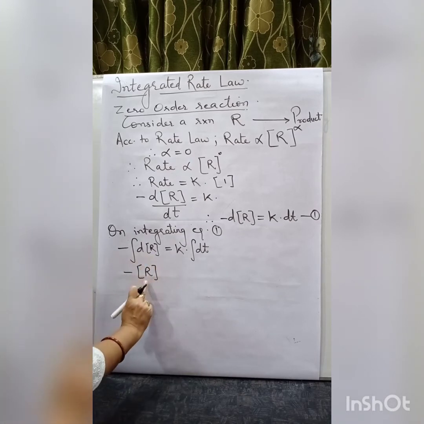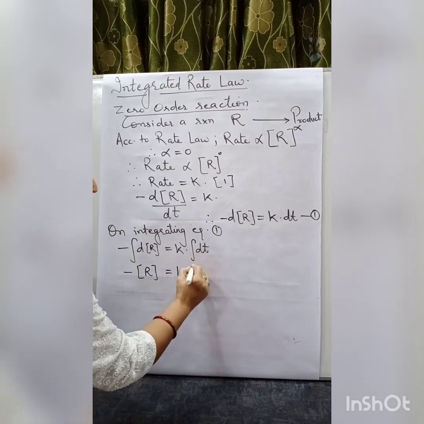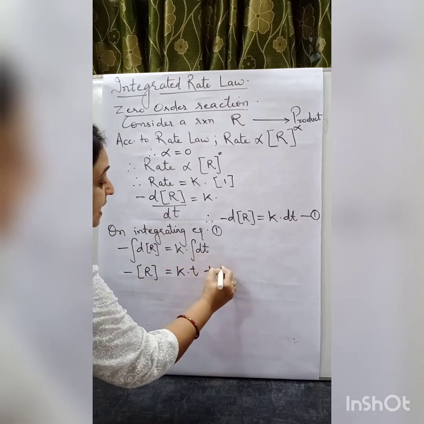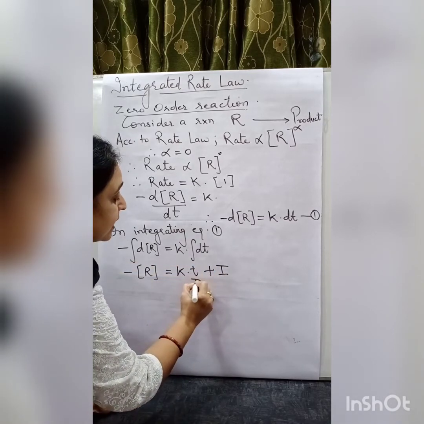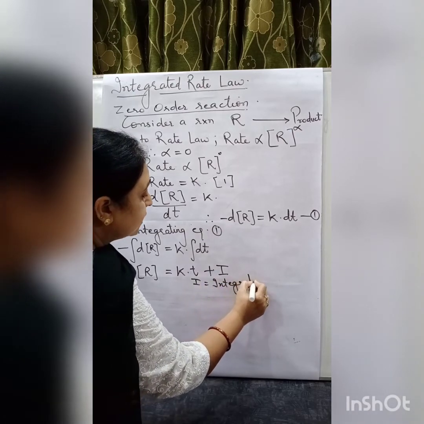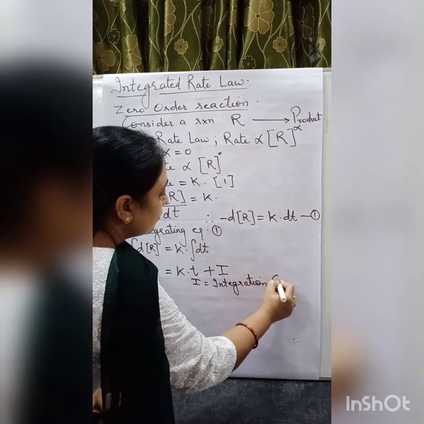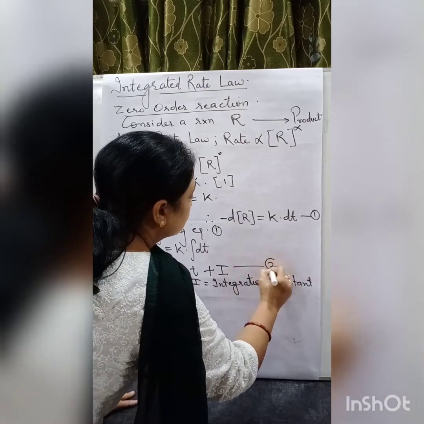When you integrate dt, you get T plus I. What is I here? I is nothing but the integration constant. Let this be equation number 2.